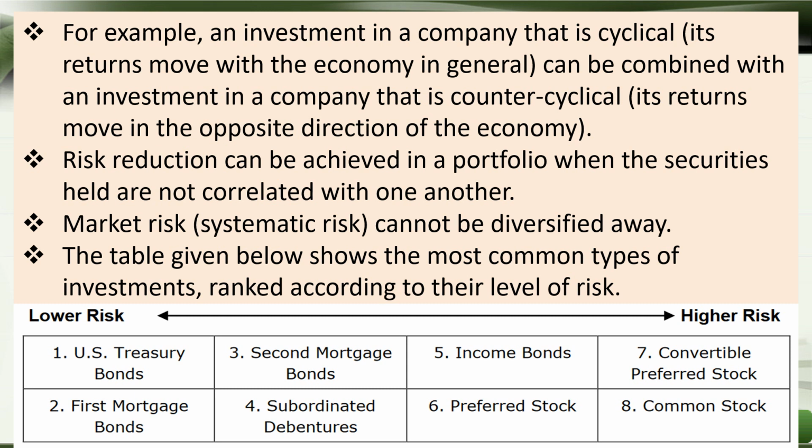Then a little higher risk will be the second mortgage bonds or subordinated debentures, and then income bonds. We studied already what is meant by income bonds. Then move on to the stock, which is preferred stock, and the more return that we go for, the higher the risk, which is convertible preferred stock and common stock.